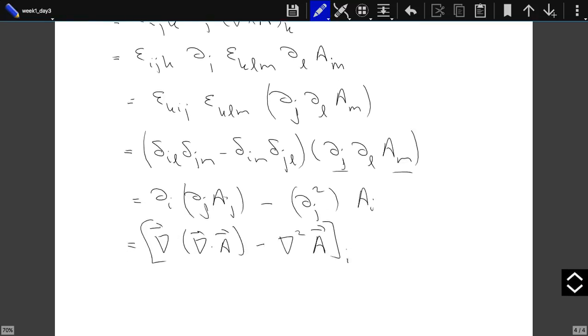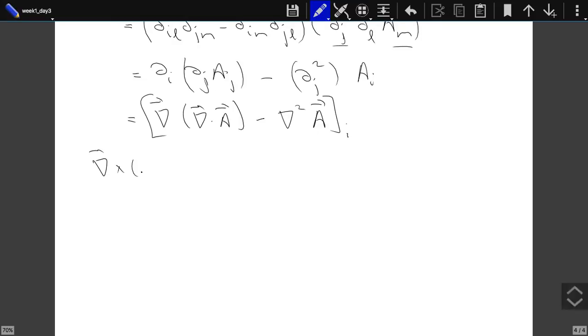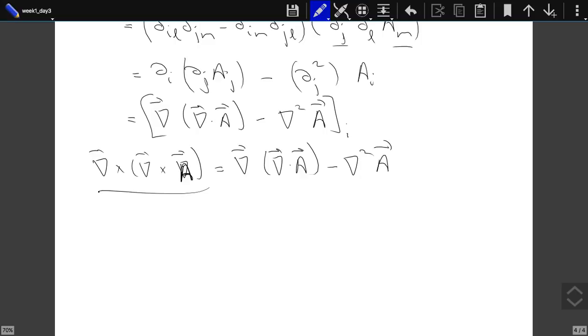And so the curl of a curl of a vector field we can write as the gradient of the divergence of A minus the Laplacian of A. Since we had proven that the i component of the left-hand side is equal to the i component of the right-hand side, and i is an arbitrary component, all of their components are equal. So if you have two vectors whose components are equal, they are equal.